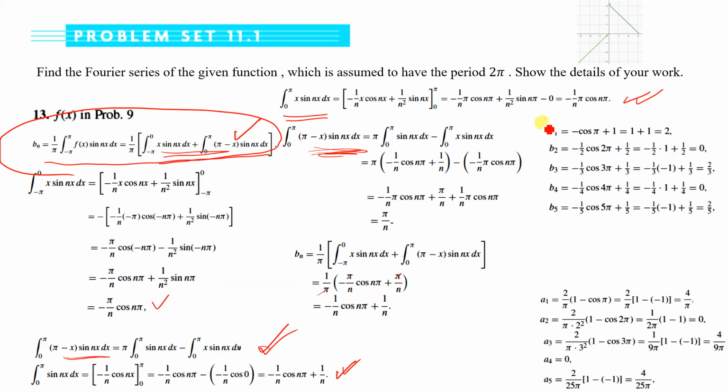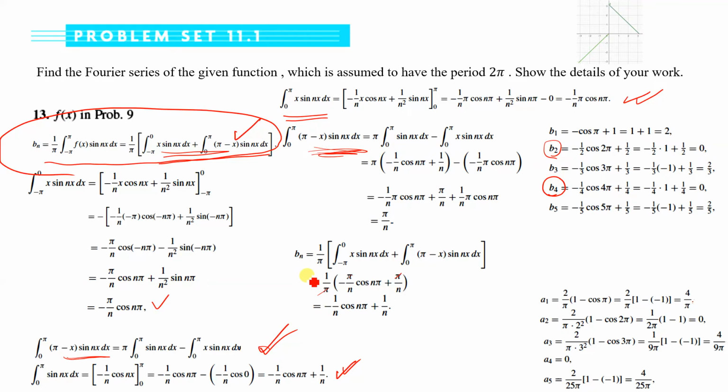So for different values of n, we have values of b. Whenever n is even, you can see that the value of Bn is 0, and whenever n is odd, we have values of Bn which are not equal to 0.